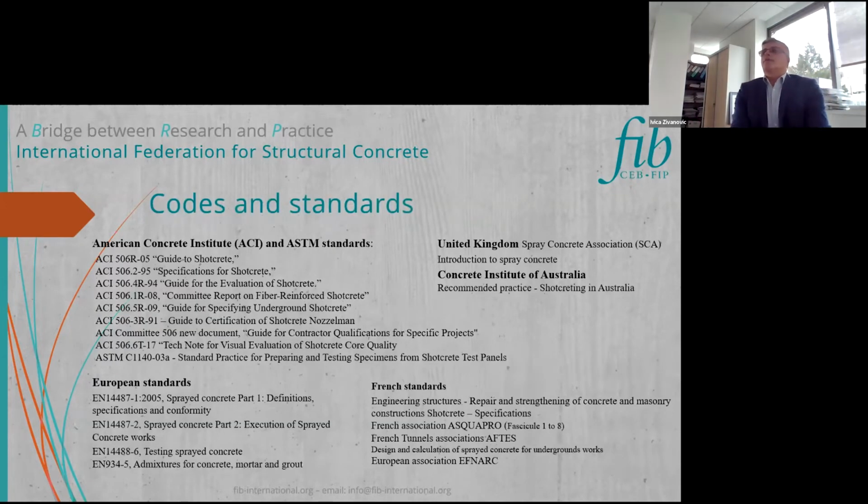There are a lot of codes and standards depending on the area in the world. The American Concrete Institute, ACI, and ASTM standards are describing, from the guide to shotcrete specification for the shotcrete itself, until the technical note, for example, for visual evaluation of shotcrete core quality, and standard practice for preparation and testing of specimens, just to give an example.